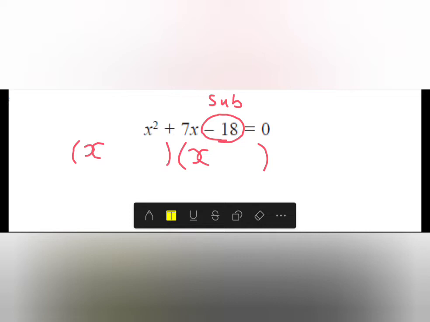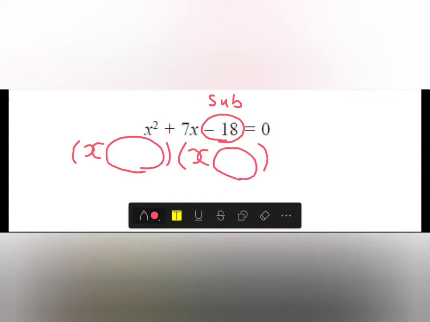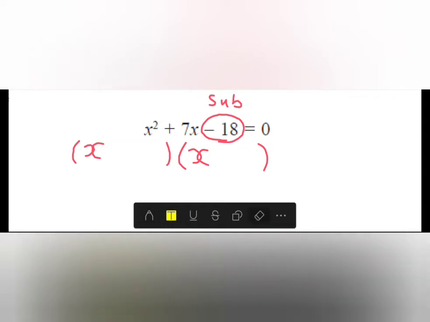We subtract numbers if they have different signs. So it means here that these two numbers have different signs because subtraction happened between them. So one of them is positive and one of them is negative.